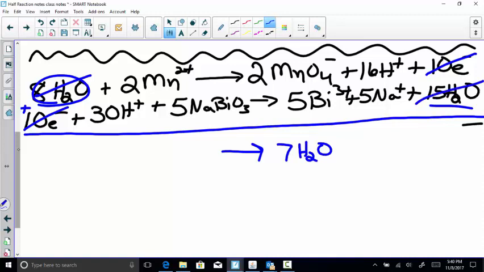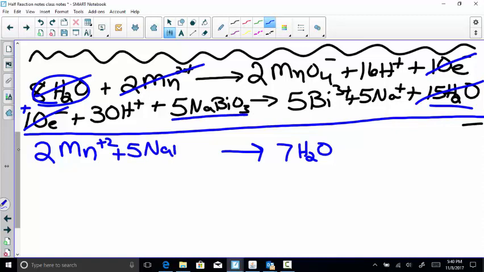Now I have 2 Mn2 plus, so I'm going to write 2 Mn2 plus. And then I have 5 of these, so I'm going to write 5 NaBiO3. I'm just going to remember that I only have 7 H2Os over here.